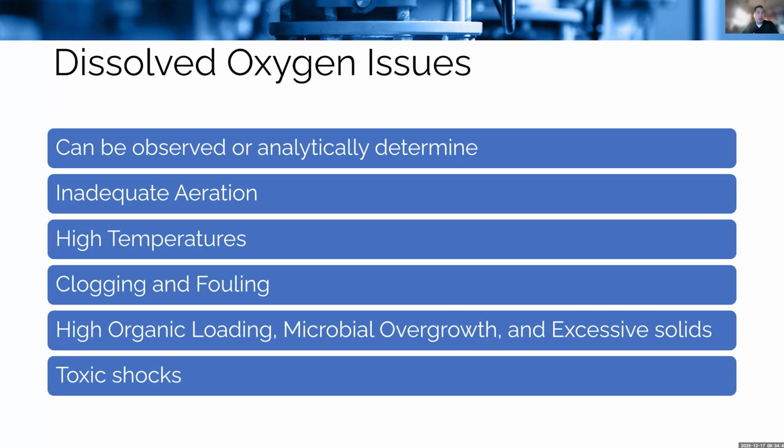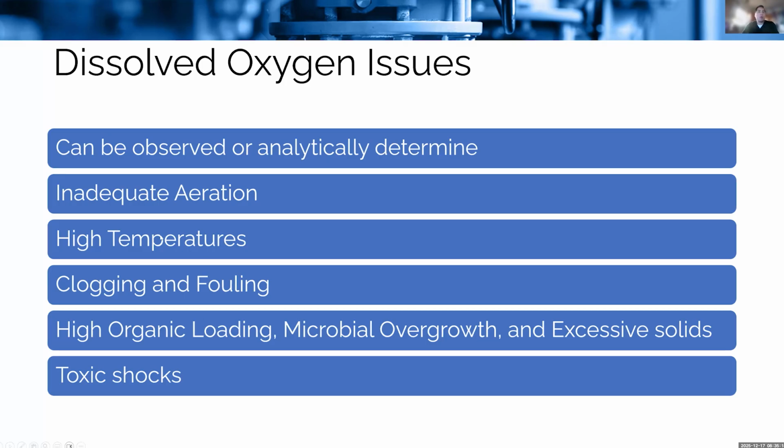When you have excess oxygen, you have too much production and growth in your wastewater. That can lead to clogging and fouling of your membranes. And things like high organic loads, excess microbes, excessive solids, and toxic shocks can also inhibit the activated sludge process from occurring.